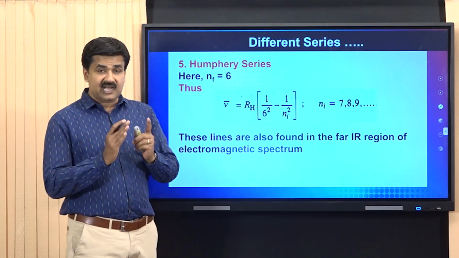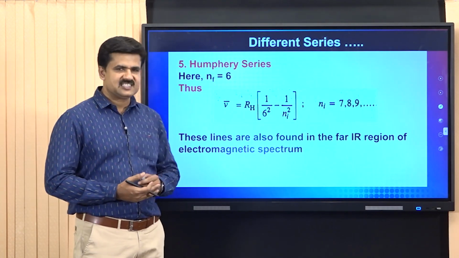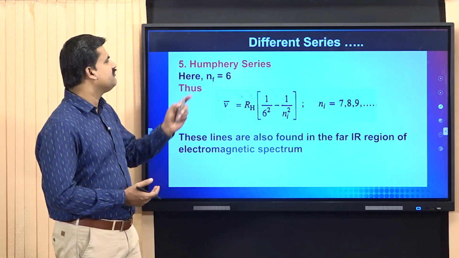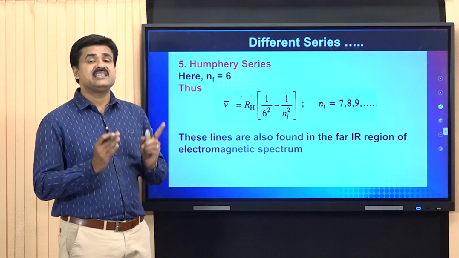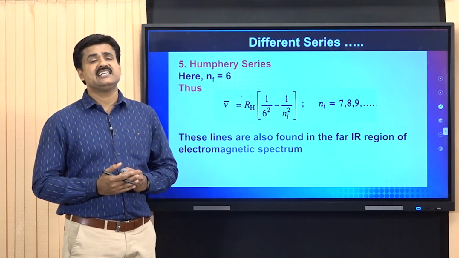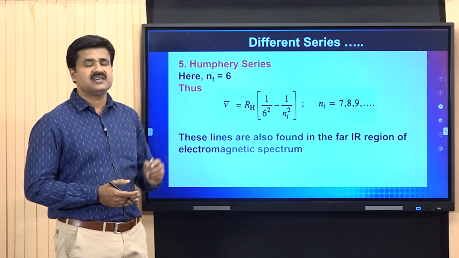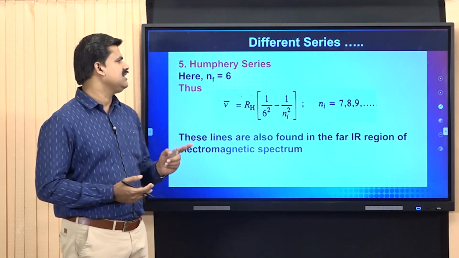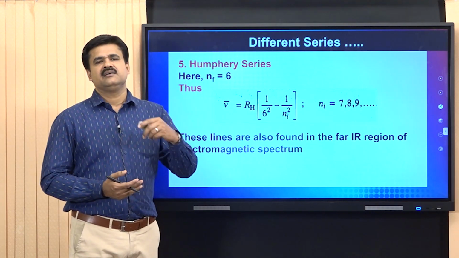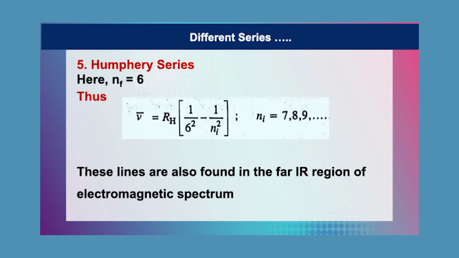Moving on to the last series of the hydrogen spectrum, that is the Humphreys series. It should be noted that the Humphreys series is the recently discovered series of the hydrogen spectrum, for which nf is equal to 6, and we can write the Rydberg equation nu bar equal to Rh into 1 by 6 square minus 1 by ni square, where ni, as I already mentioned, is always higher than nf.